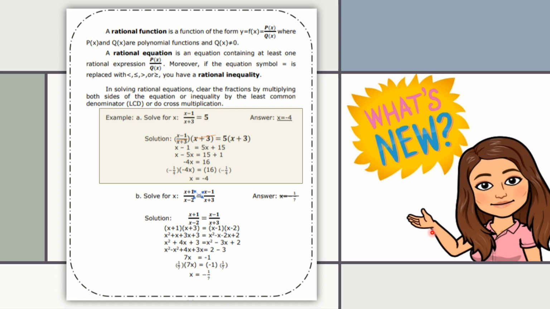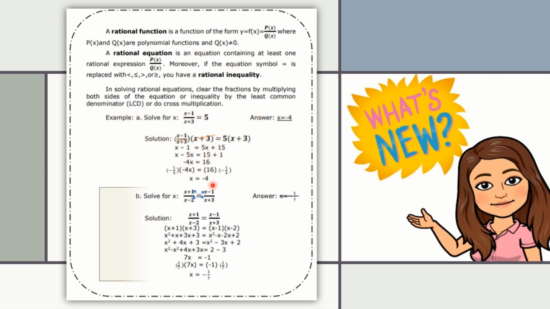We can multiply both sides by the least common denominator, x plus 3. Thus, we get x minus 1 equals 5x plus 15. Simplifying, we have x equals -4.